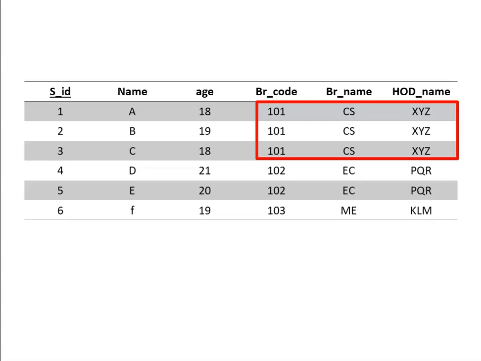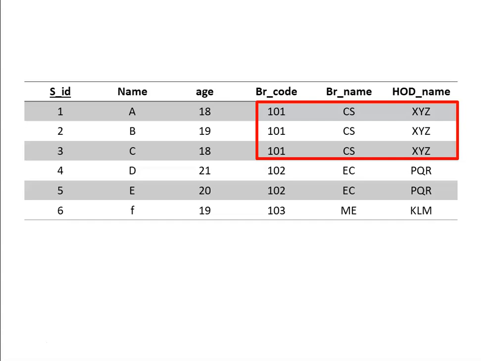When we apply the normalization process to a table, what we are trying to do is eliminate this redundant information. We cannot eliminate the redundant data entirely, but we can reduce it. This is what we are going to do in the normalization process.